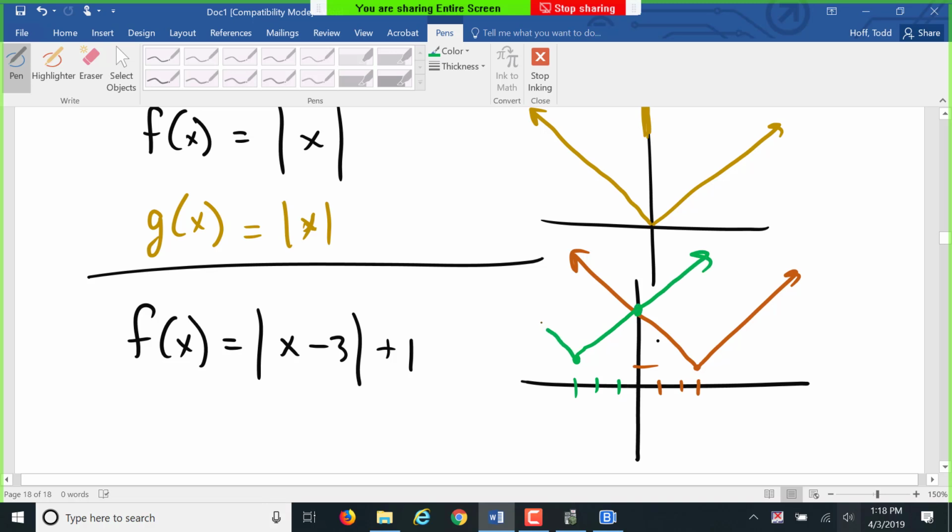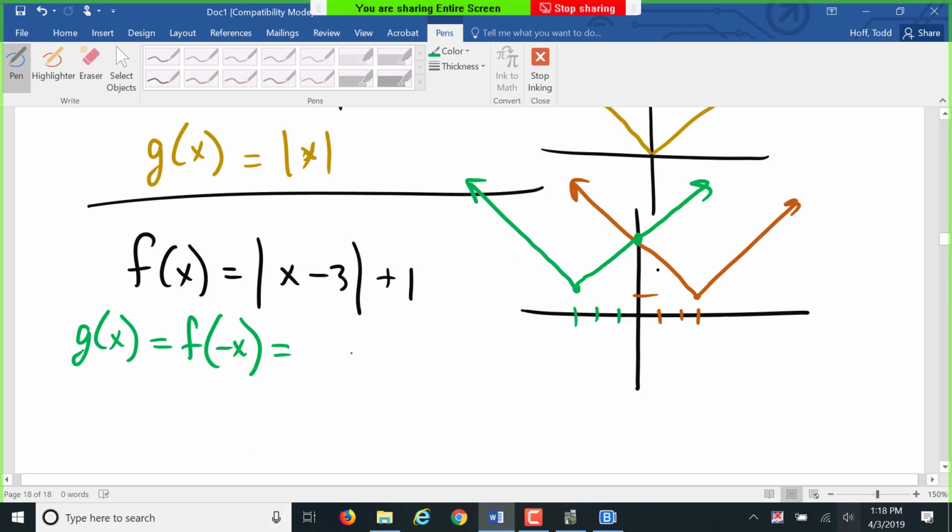Notice it's still going to cross the y-axis in the same spot. The y-intercepts won't change. Points on the y-axis will not change. How do we get that to work? Well, if g of x, again, is that reflection about the y-axis, it equals f of negative x.